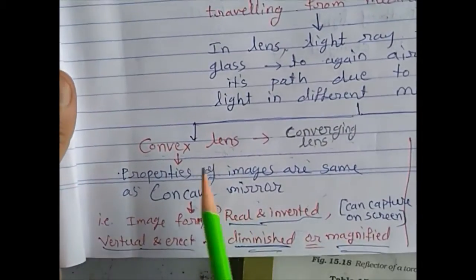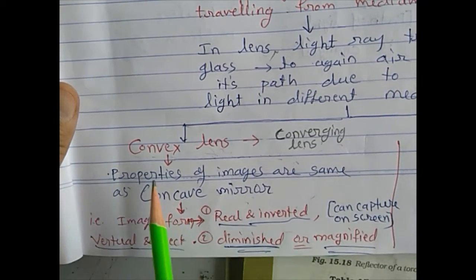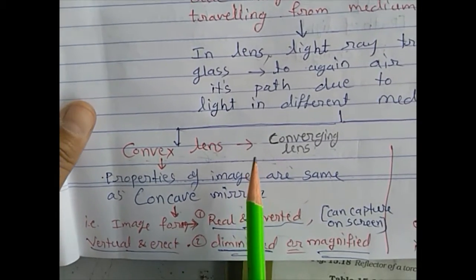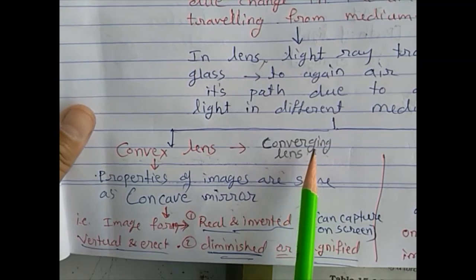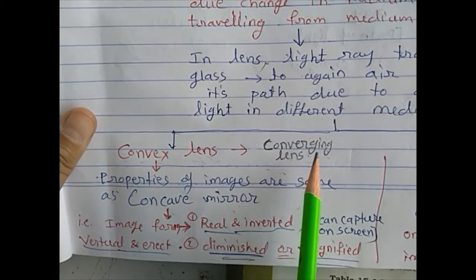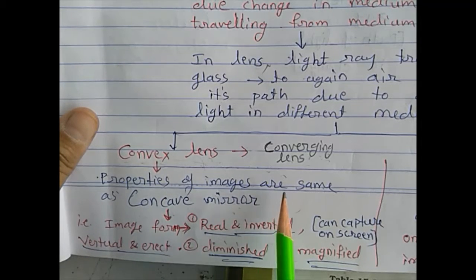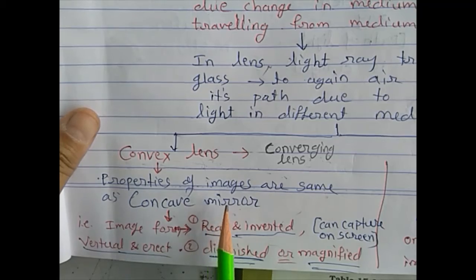And here convex lens and concave mirror show the same properties, as these show convergence of rays. That's why the properties of images of convex lens are as same as the concave mirror.